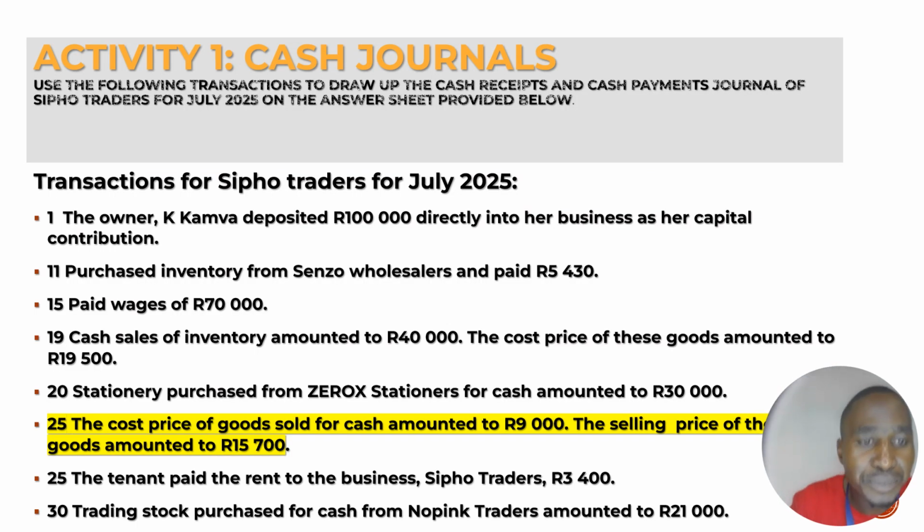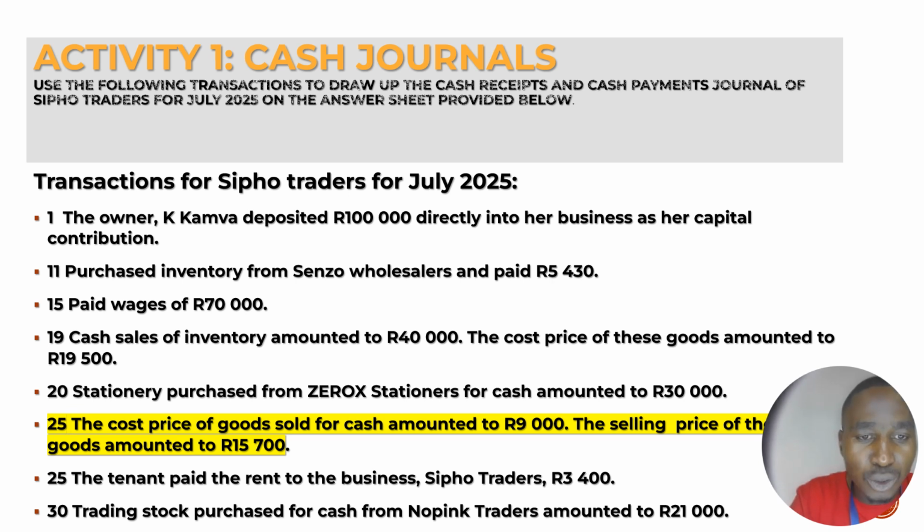Now let's go and see another transaction on the 25th of July. The cost price of goods sold for cash amounted to 9,000. The selling price of the goods amounted to 15,700. All right, these are cash sales.